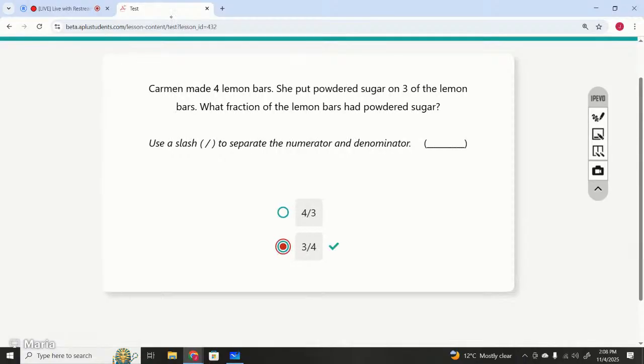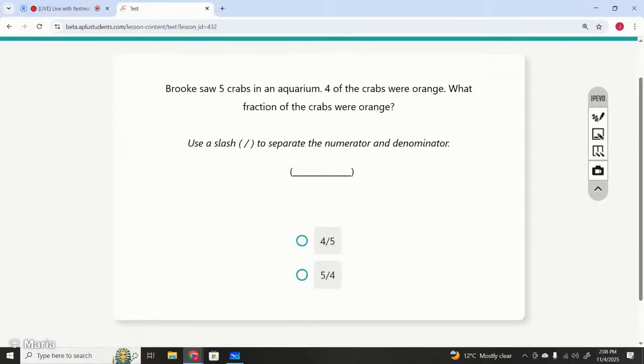Option number 2 is the correct option. Four out of five it is. Option number one is the correct option.